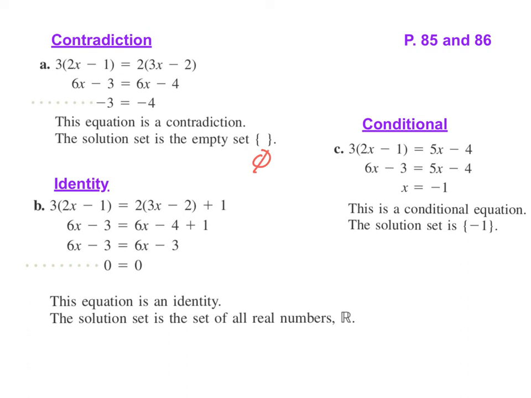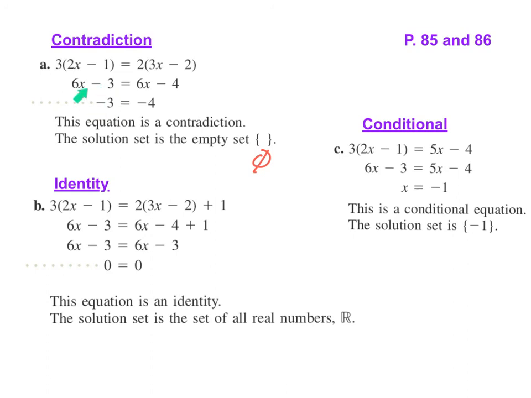Okay, the identity, and notice here, as you go through and solve, here's what's going to happen on these two. On these two types of equations, the variables will cancel out. They cancel out here, they cancel out here. The difference is, when I simplify as far as I can for a contradiction, I get a false statement.